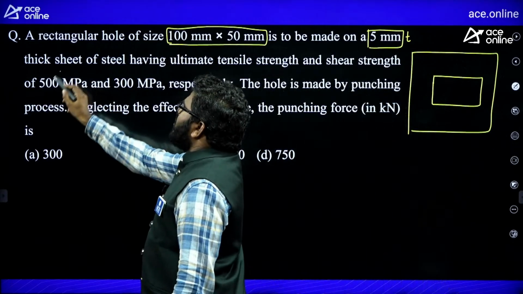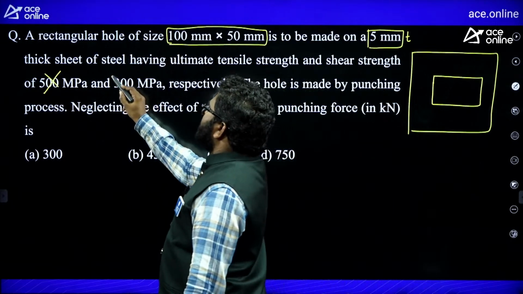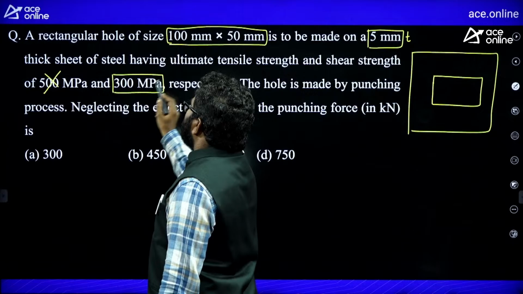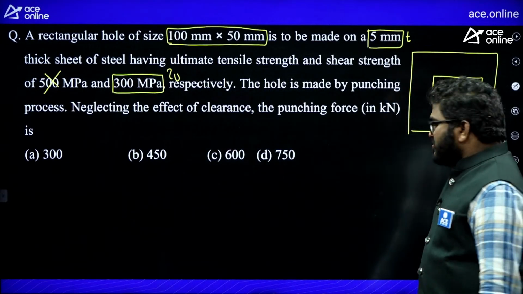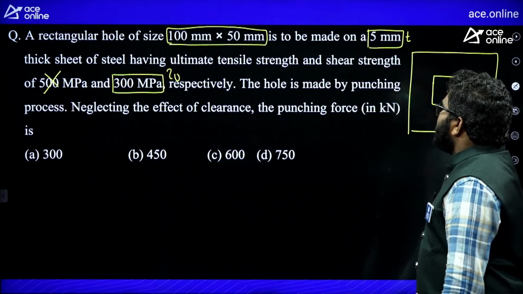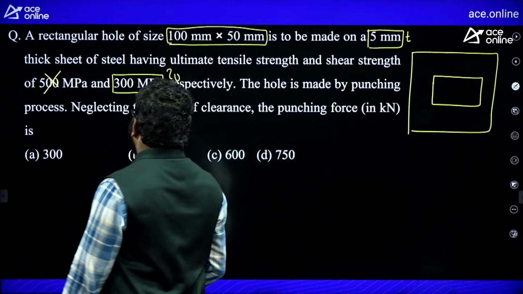So we should not use the tensile strength here. We should use the shear strength to calculate the punch force, because the sheet metal fails by shear. The hole is made by punching process. Neglect the effect of clearance. Find the punching force.